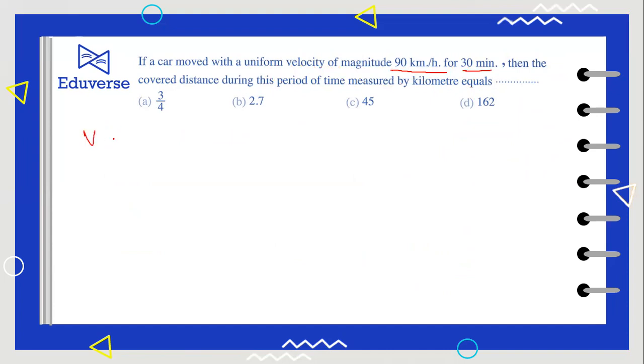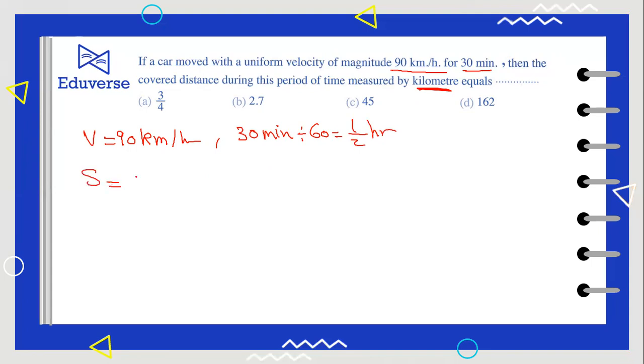Here the velocity is 90 kilometer per hour. It is moving at this velocity for 30 minutes. I want to convert 30 minutes to hours because the distance is wanted in kilometers. Divided by 60, it will be half an hour.